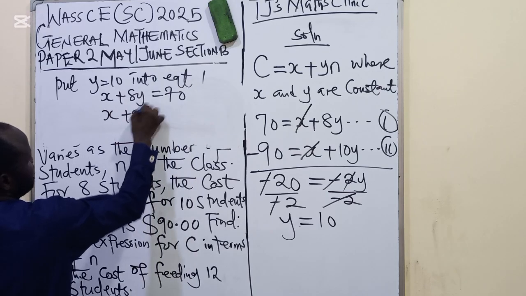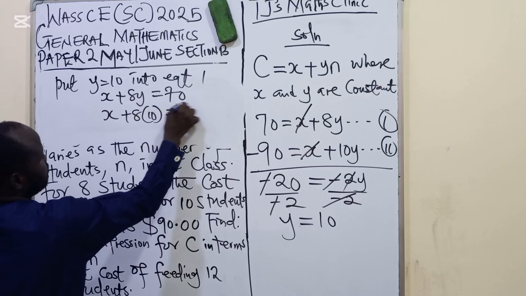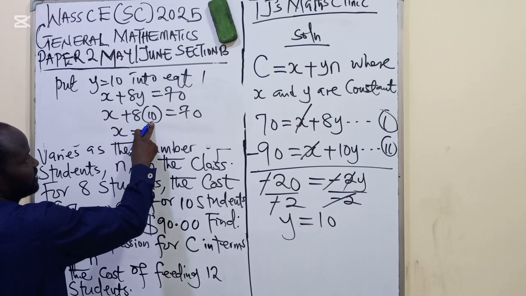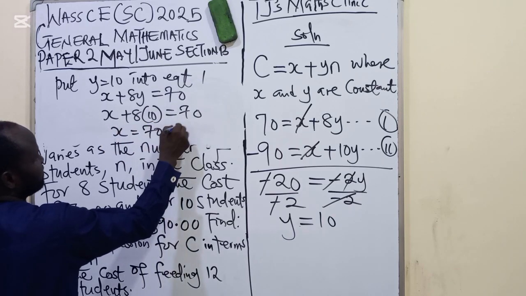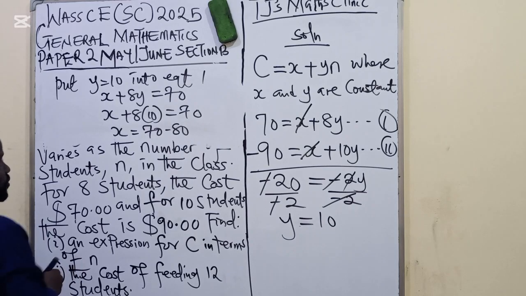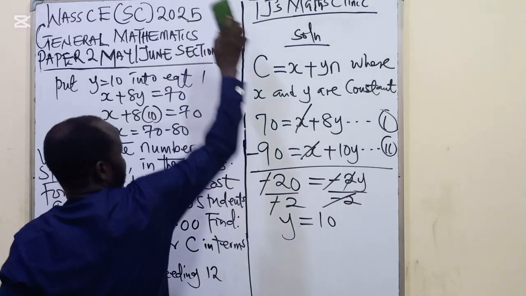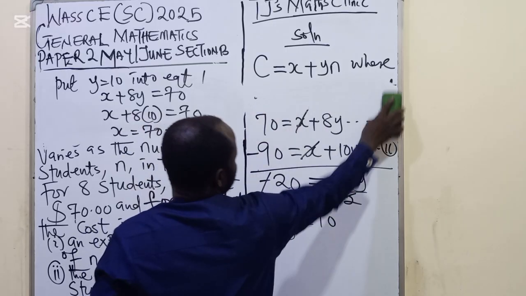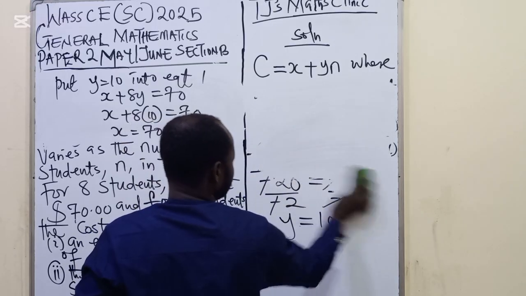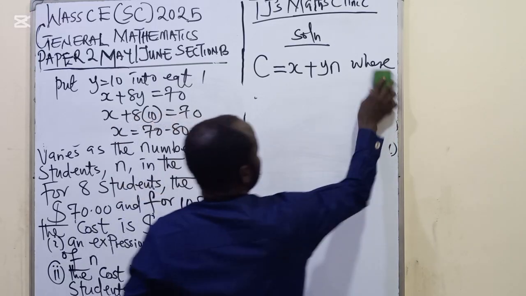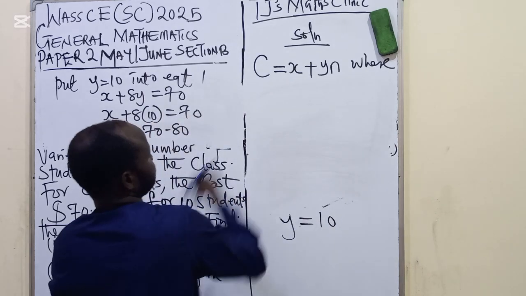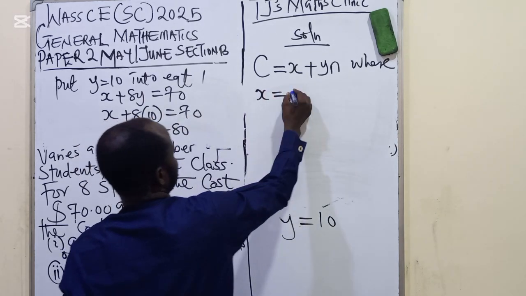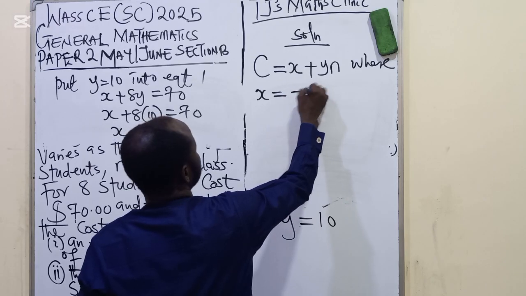So x plus 8 times 10 equals 70. When we multiply, this is 80, we take it to the other side, so x will be 70 minus 80. Since we know y, x will now be minus 10.